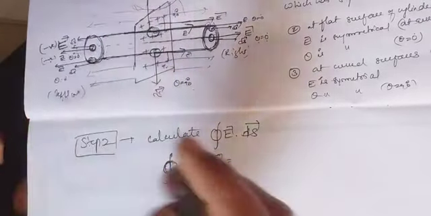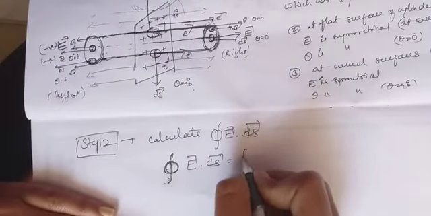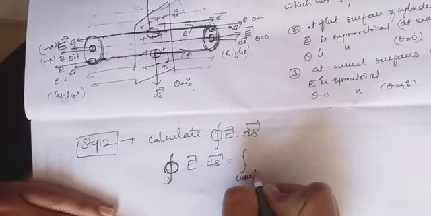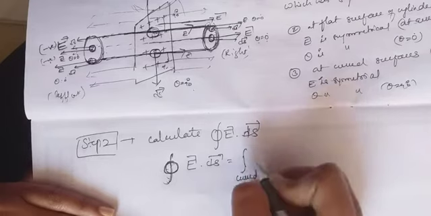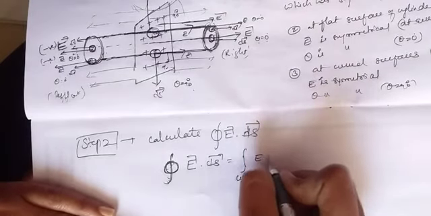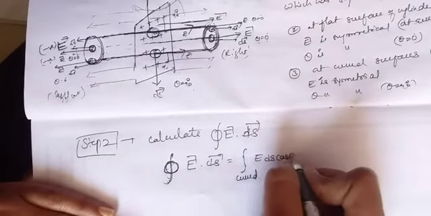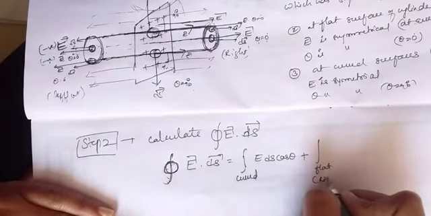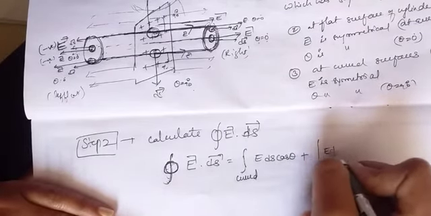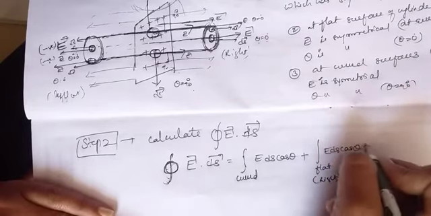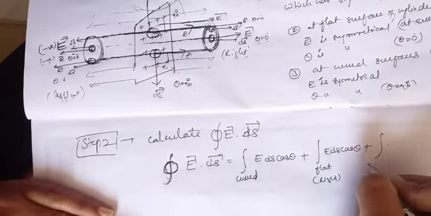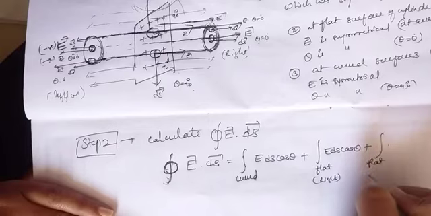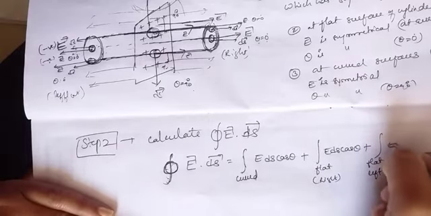So this is the integration over the curved surface, E ds cos theta, plus the integration over the right side flat, E ds cos theta, plus the integration over the left side flat, E ds cos theta.